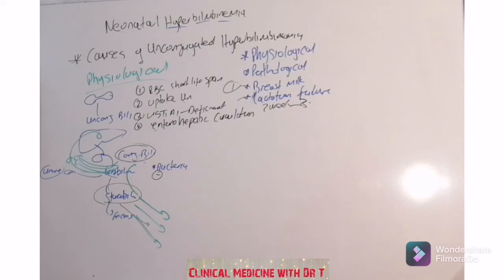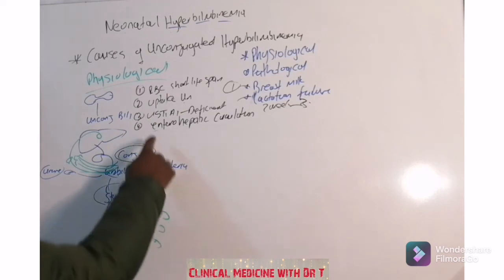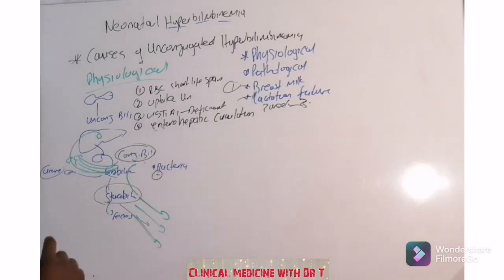So now because of that, there's decreased intake of calories, decreased intake of fluids, they get dehydrated, and that alone triggers enterohepatic circulation. That's why they encourage that as soon as possible, kangaroo mother care should be started, and then the neonate should start breastfeeding as soon as possible.